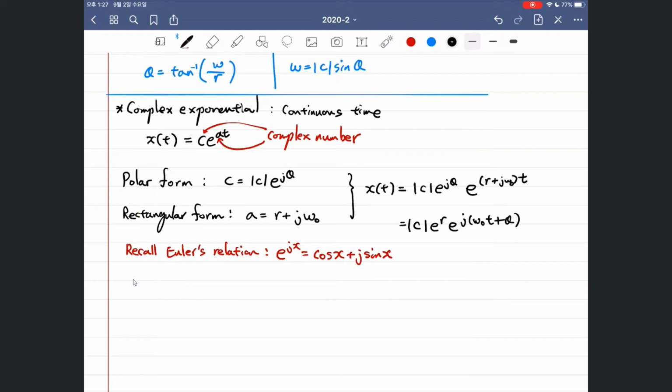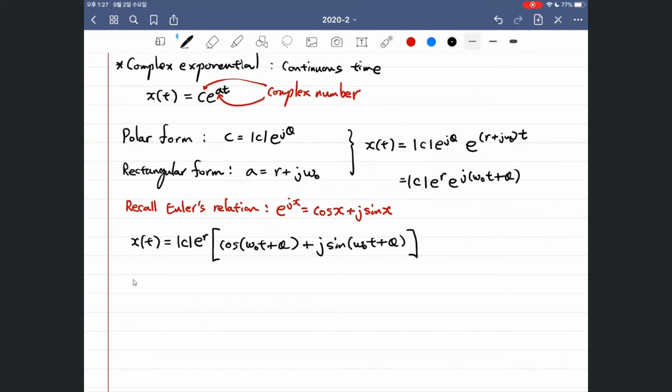And we can say that x of t is C times e to the r t times cosine of omega 0 t plus theta plus j sine of omega 0 t plus theta. Is it correct? And then we can separate these two again. So let me write down the final expression.